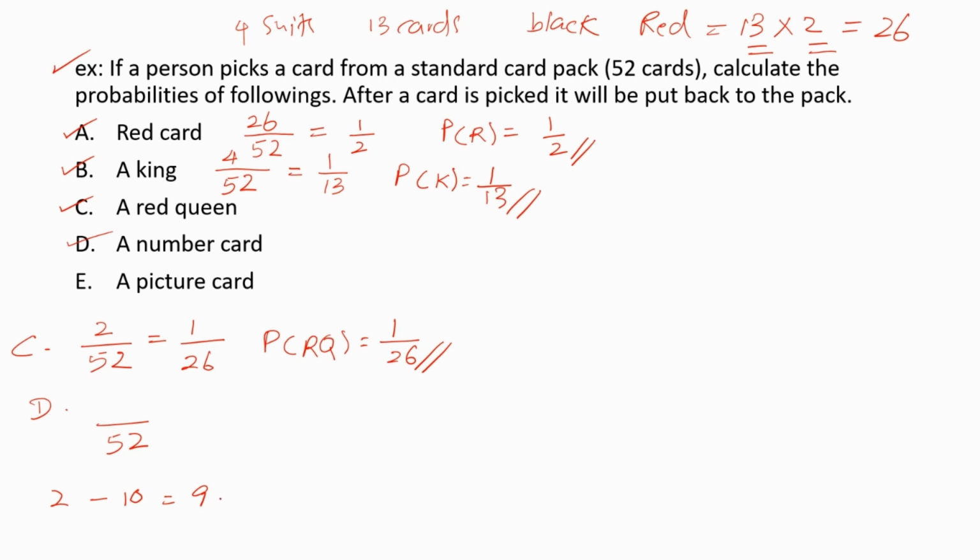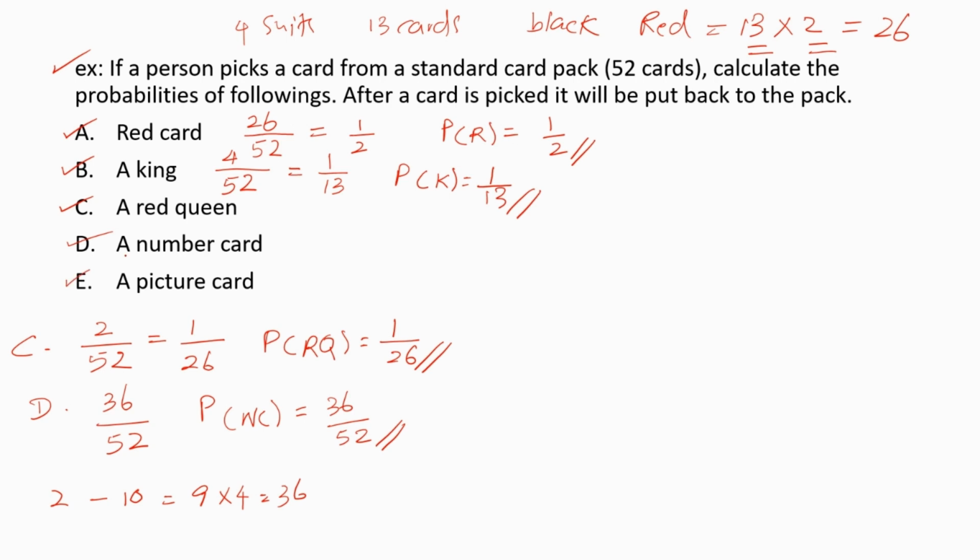So how many total number cards in the card pack? We can multiply this by 4. 36. So this will become 36. So the probability of picking a number card equals 36 over 52.